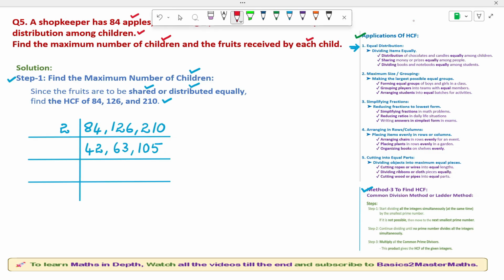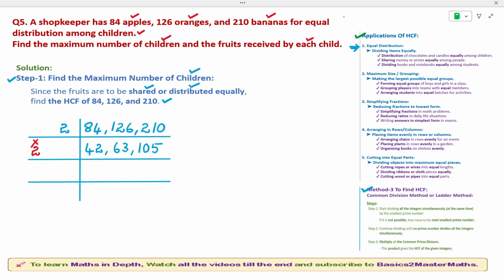Again, start dividing 42, 63 and 105 by the smallest prime 2. Since 2 does not divide all the integers exactly, move to the next smallest prime 3.